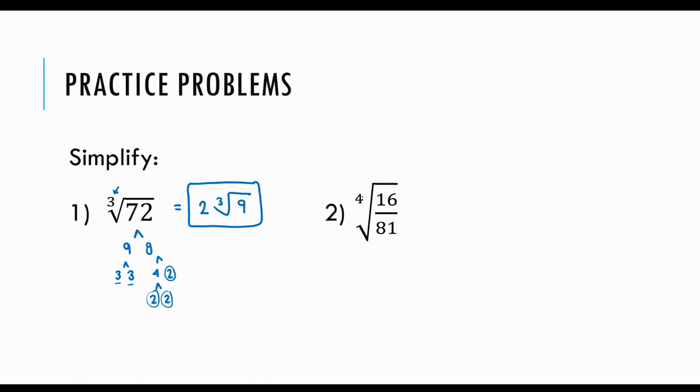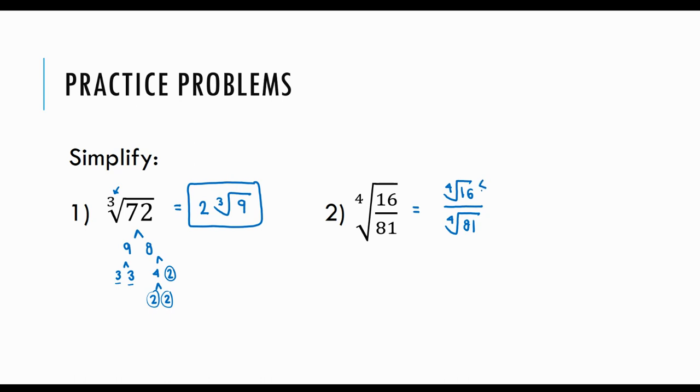In the next problem, that 4 is my index, so I have the fourth root of 16 over 81. Now, another way you can think of this, anytime you see division underneath a radical, you can break it up. It's really the fourth root of 16 divided by the fourth root of 81. And because my index is 4, that tells me that I need 4 of the same number.